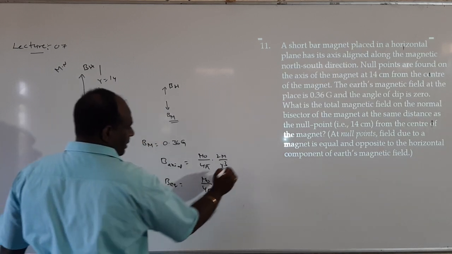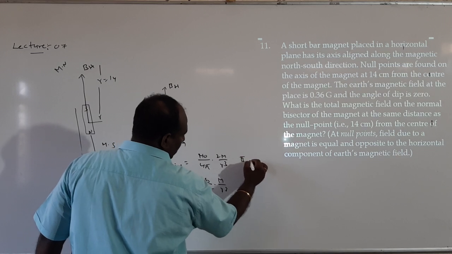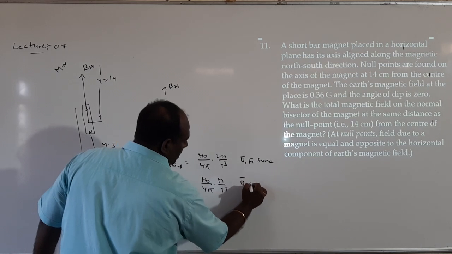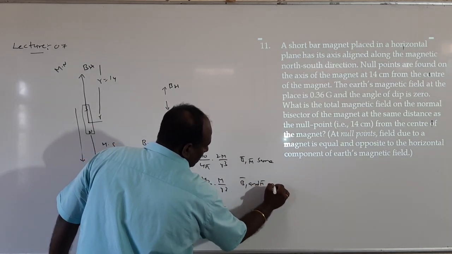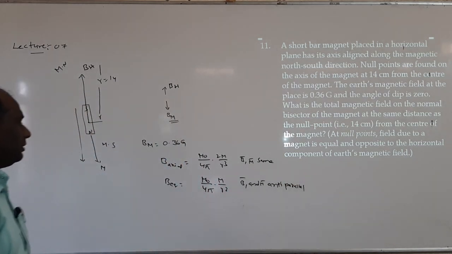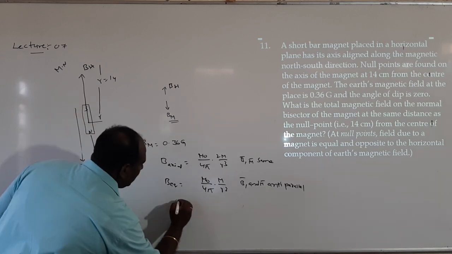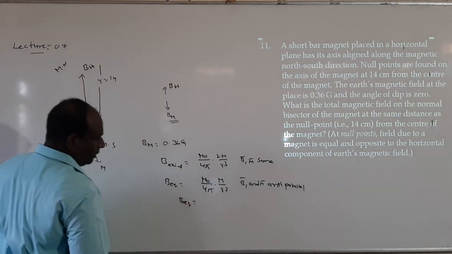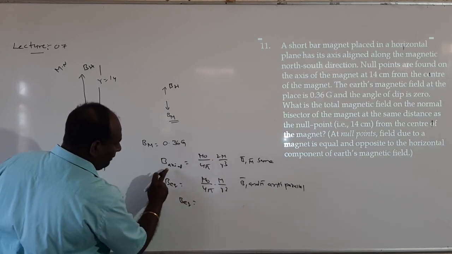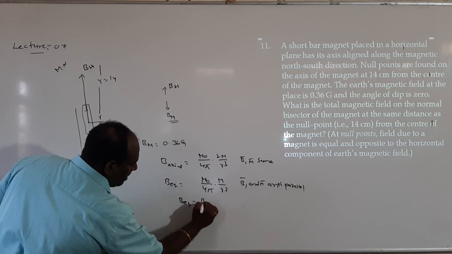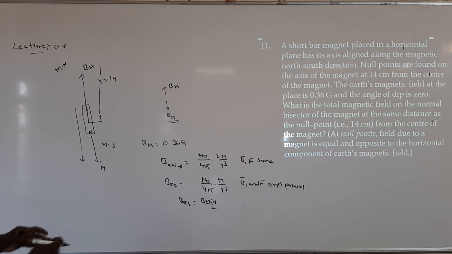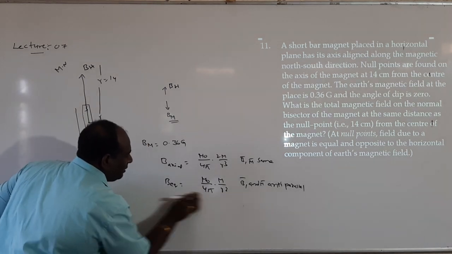Along the axial line, B bar and m bar are in the same direction, while along the equatorial line they are anti-parallel. So B equatorial is equal to half of B axial. What is the relation between the axial field and the equatorial field?